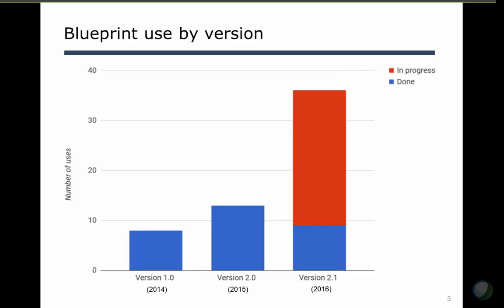Over time, we're seeing more and more use of the blueprint. I'm not going to talk a lot about blueprint use because we're focusing on the latest version, but I wanted to show you the updated version of this graphic, as we've released a new version every year. The blue are the number of uses that are complete, and the red is in-progress uses. We're starting to see increasing demand for people using the blueprint, and some cool examples from private companies, land trusts, other nonprofits, state agencies, federal agencies.